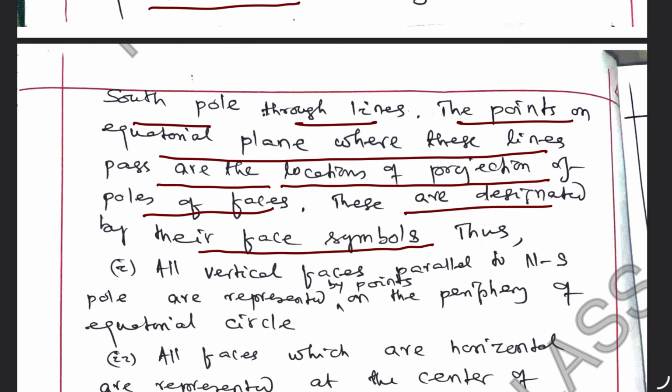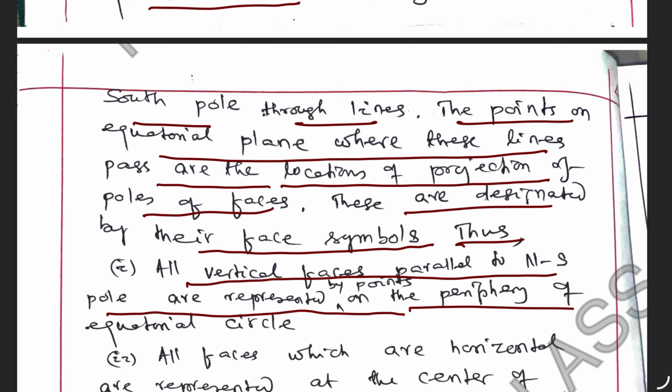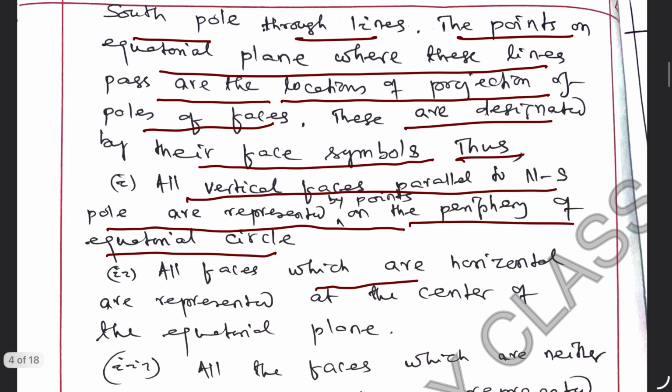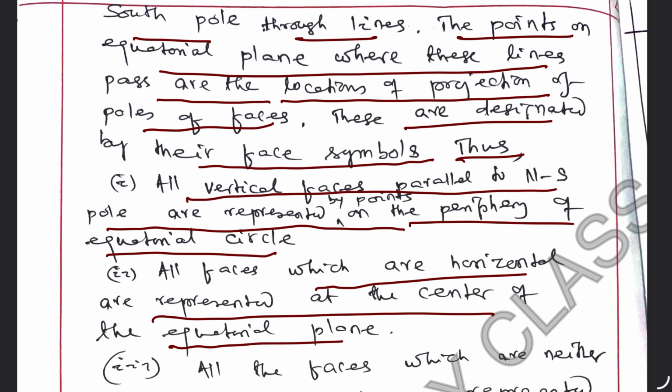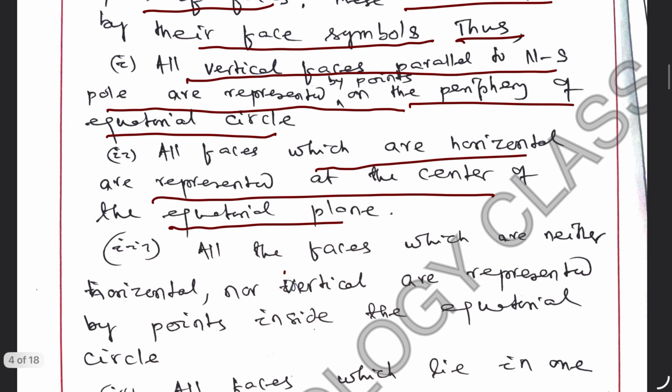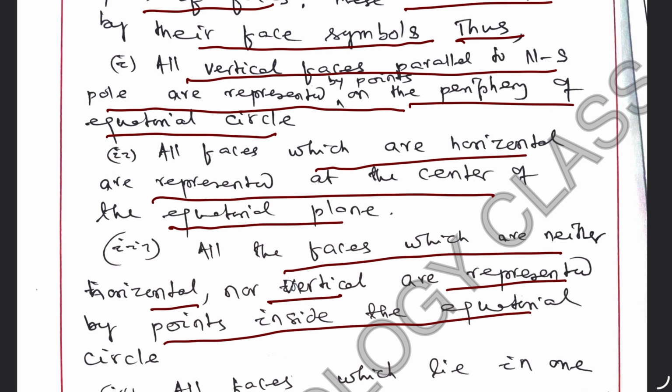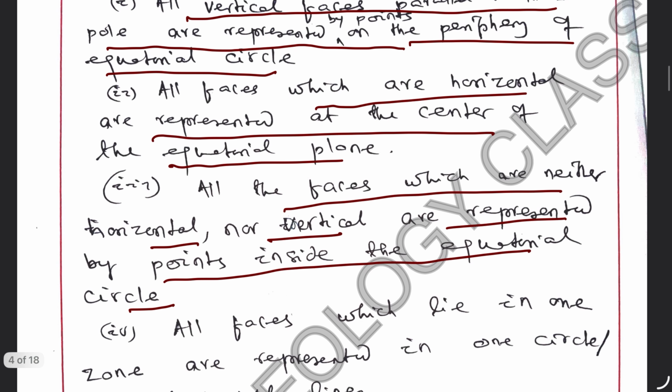So in this process we find that all vertical faces parallel to the north-south pole are represented by points on the periphery of the equatorial circle, and all faces which are horizontal are represented at the center of the equatorial plane. Similarly, all faces which are neither horizontal nor vertical are represented by points inside the equatorial circle.